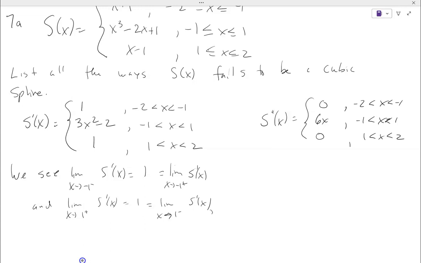We see the limit from the left and the right for the first derivative at -1 and at +1 is the same, right? I know I wrote it backwards in the second one because I'm thinking about left, right for this one, and then left, right for this one. Anyway, it doesn't matter. I know I wrote it backwards.